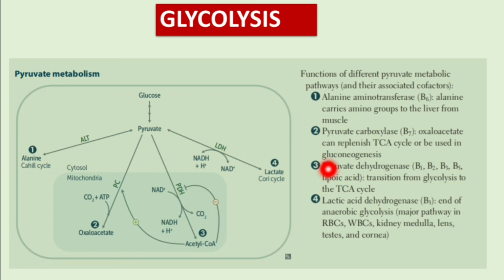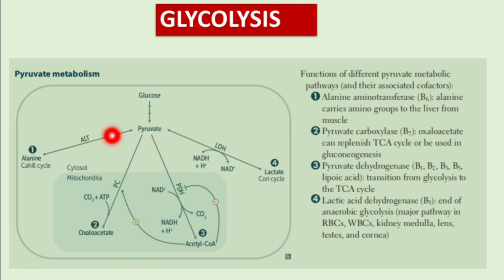Okay, so on this side, it's just an explanation: functions of different pyruvate metabolic pathways and their associated factors. For the first one, pyruvate to alanine is mediated by alanine aminotransferase, and this pathway needs vitamin B6 or pyridoxine.